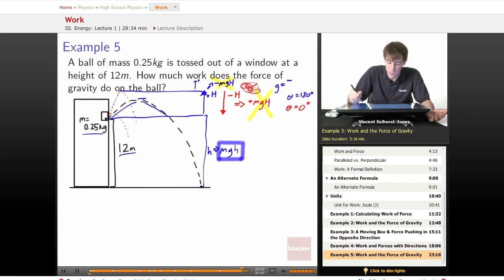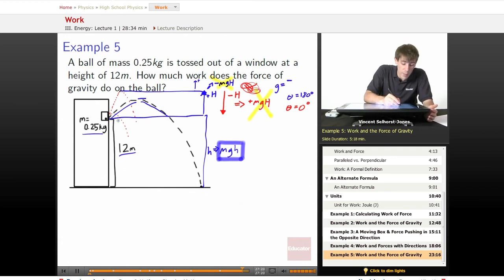That's the important part: mg little h. So no matter how crazy a throw we have, if we go way up or it's really flat, it doesn't matter, because the work done by the extra arc, beyond the 12 meters we're guaranteed, is going to be canceled out. The two works go opposite one another, so it just gets canceled out. So in the end, it's mgh.